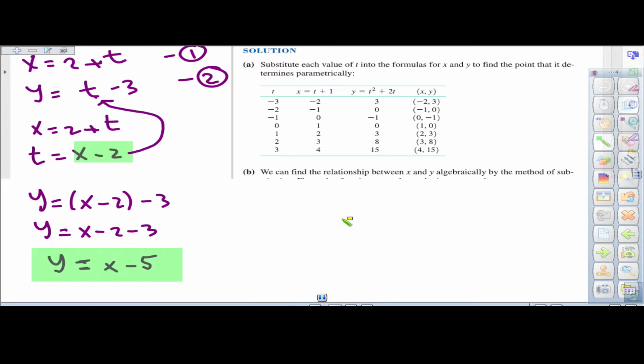Okay. So now let's do the example that they actually have for us here. The example is x equals t plus 1 and y equals t squared plus 2t.